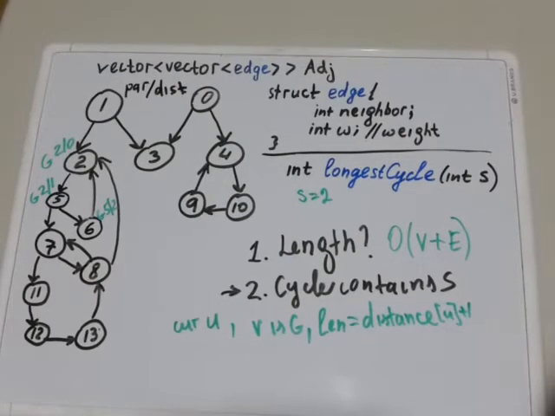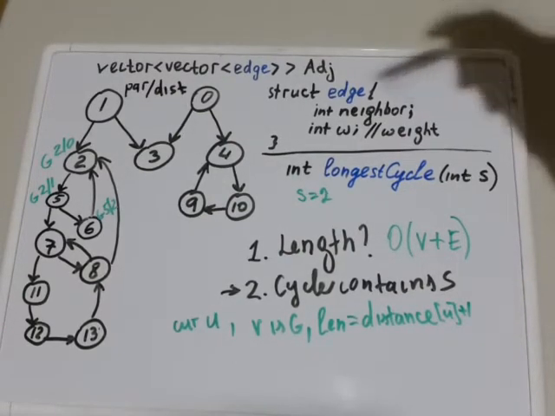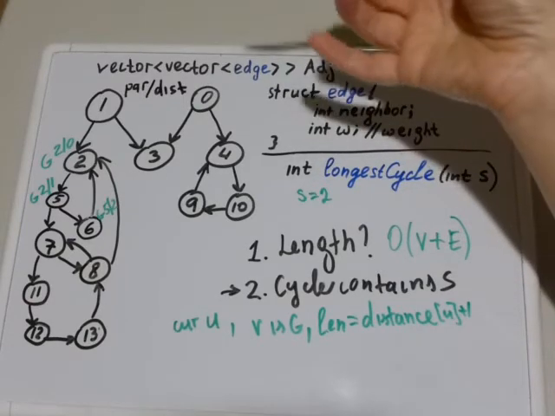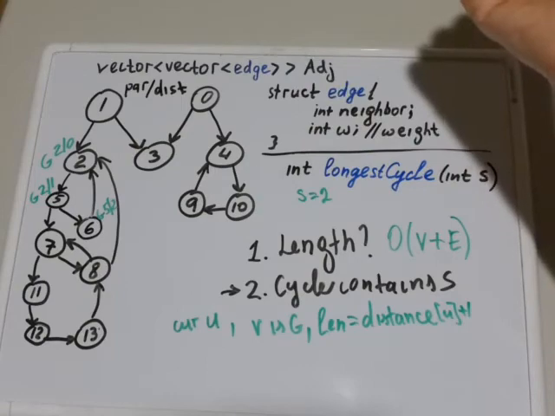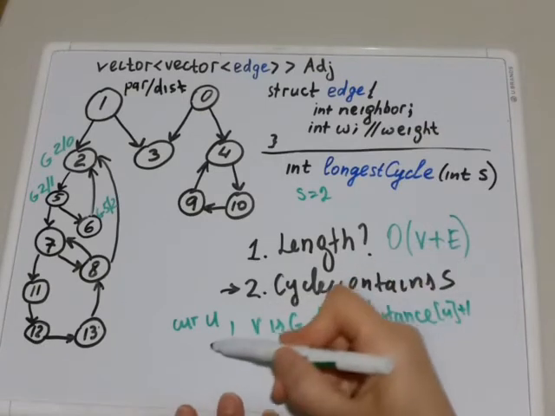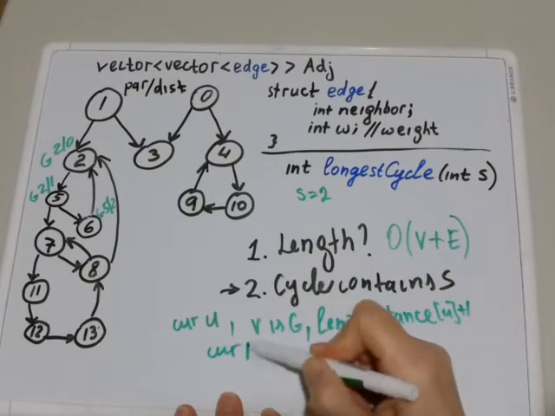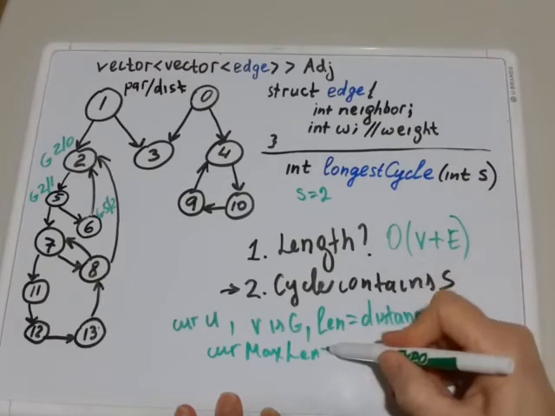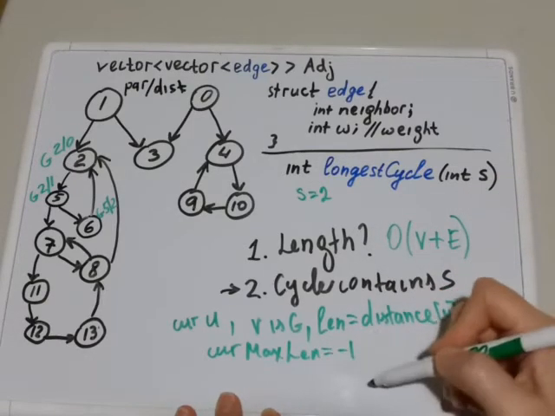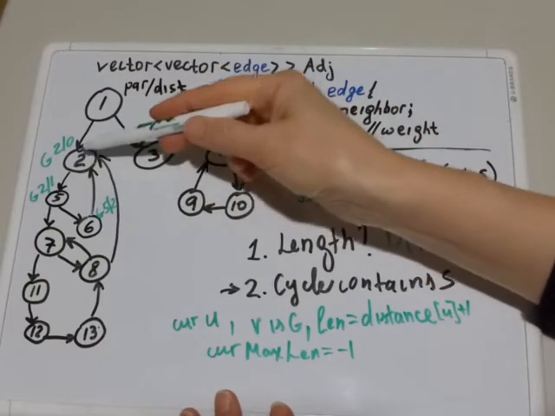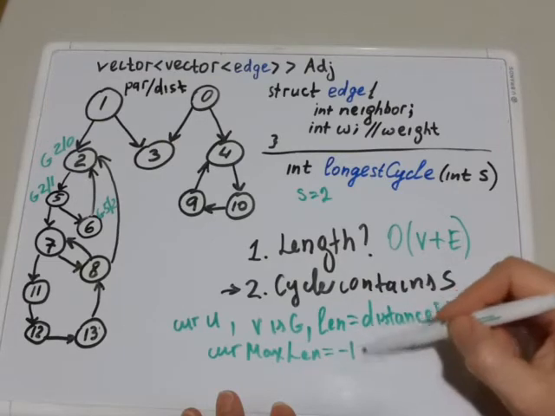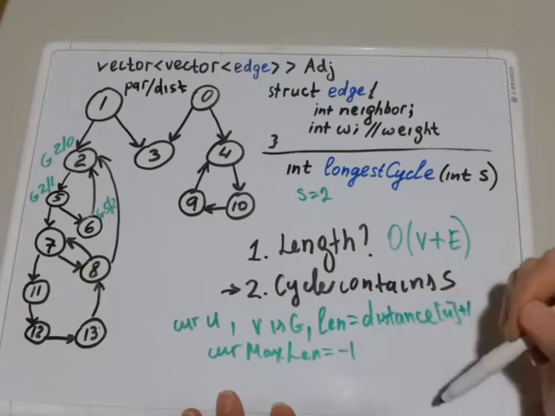Now you will probably need to maintain an extra variable that you're going to pass as a parameter in your DFS-visit, and that would be current max length. Current max length should be initially set to -1, because as soon as you find a cycle, this length should be greater than this number.